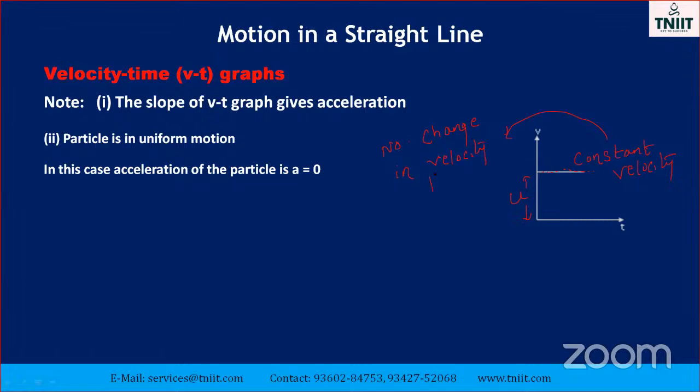If there is no change in velocity, can I conclude the acceleration of the particle is zero? So the acceleration of the particle is zero if it is moving with a constant velocity. That is what we have explained here.